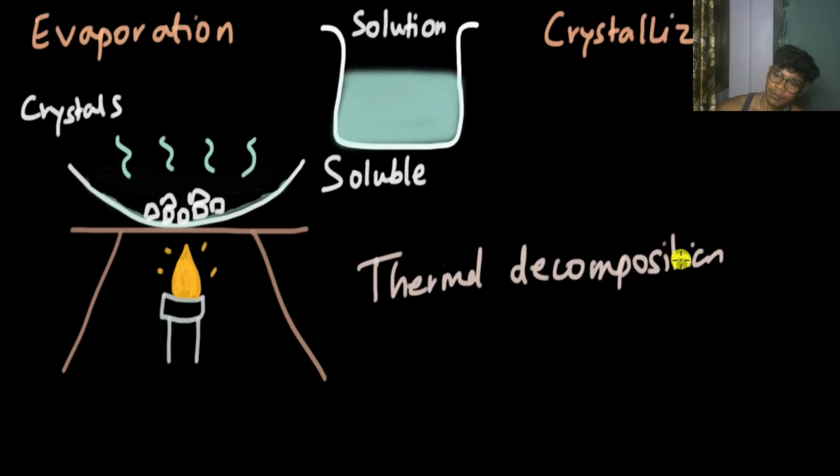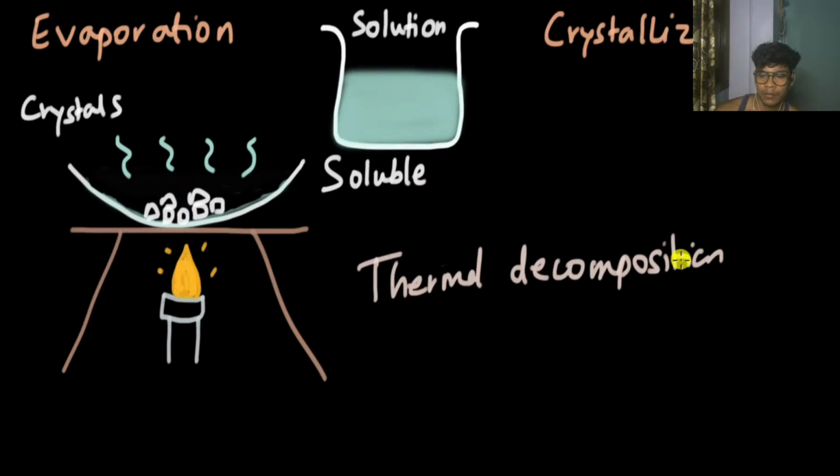For instance, if you have some vitamins or minerals dissolved in water and you just need pure vitamins and minerals, maybe this method is not the best way to go, because those vitamins or minerals can undergo thermal decomposition. They can break down to form new chemical substances. So this method is not useful for all types of solutions, but it is useful for some of them.